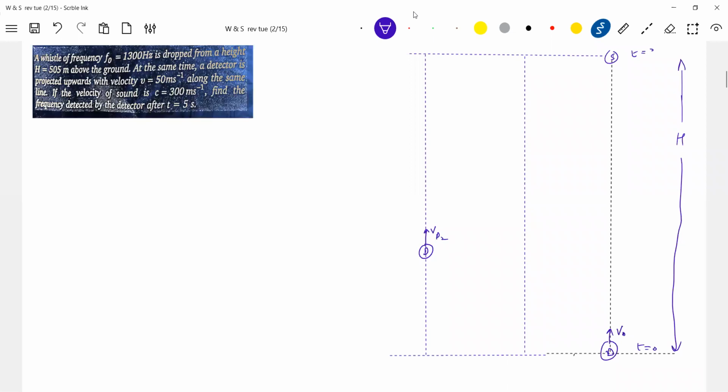Now, the moment when the source will be generated, you can see now, 505 meter. So when the source is here, it would have generated, no? And the detector will be somewhere here.